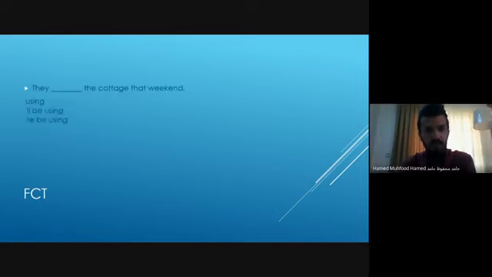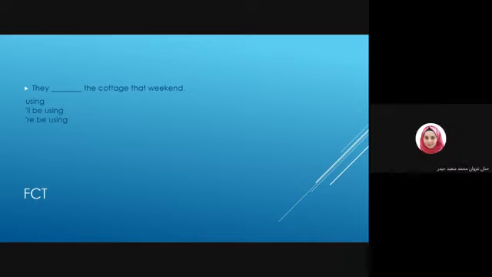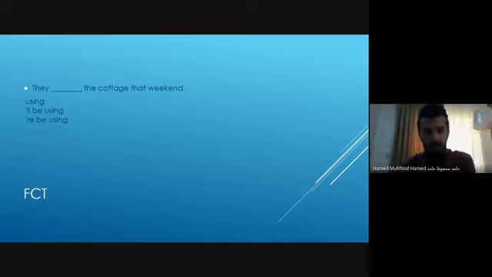They will be using the cottage that weekend. Hanan? They will be using the cottage that weekend. Yes, that's right. Nigel won't be coming to the picnic.